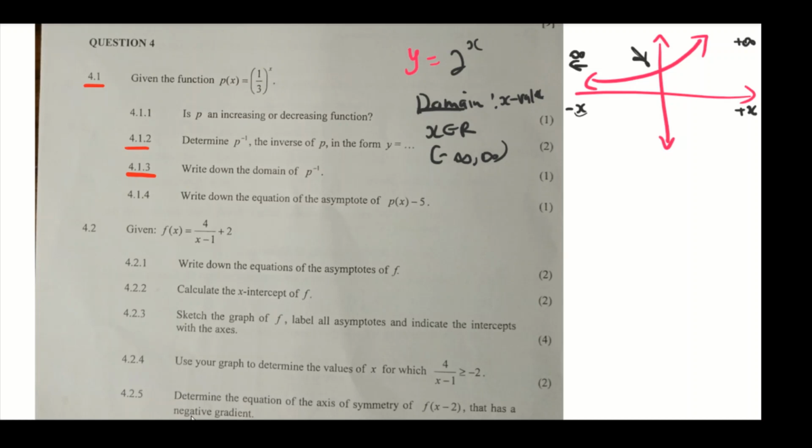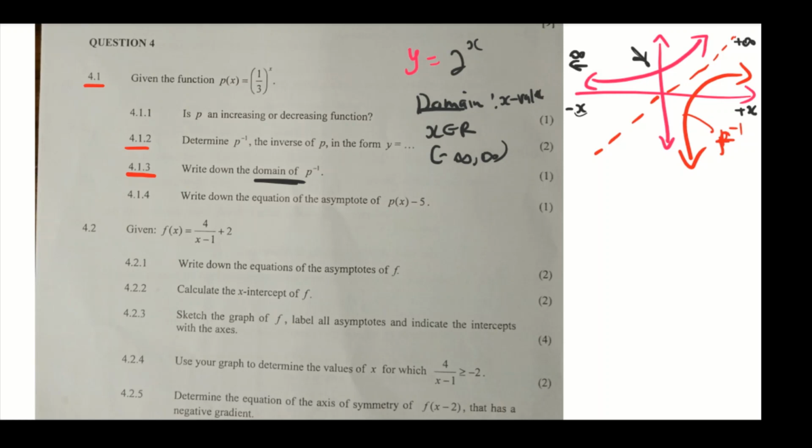Now, the question says to write the domain of the inverse. So if you were to write the inverse of this, we all know that you need to draw this line here, and then the inverse will look like this. So now the domain of this inverse, let me say it's f to the power of minus 1.